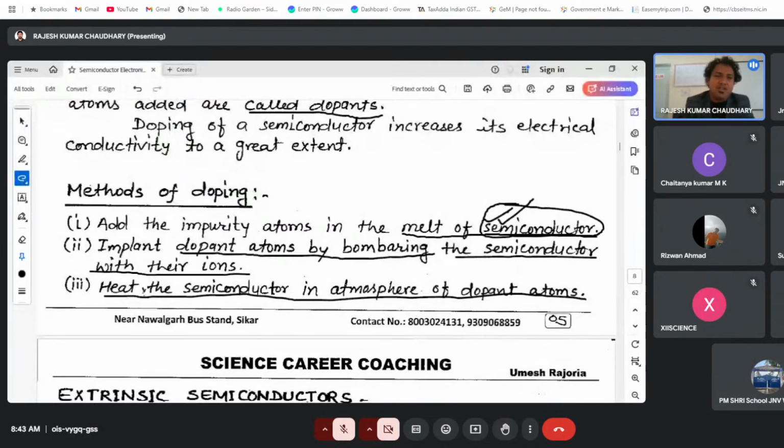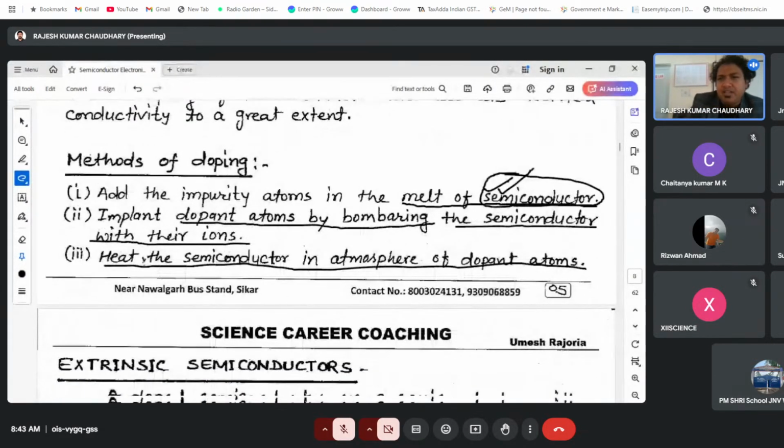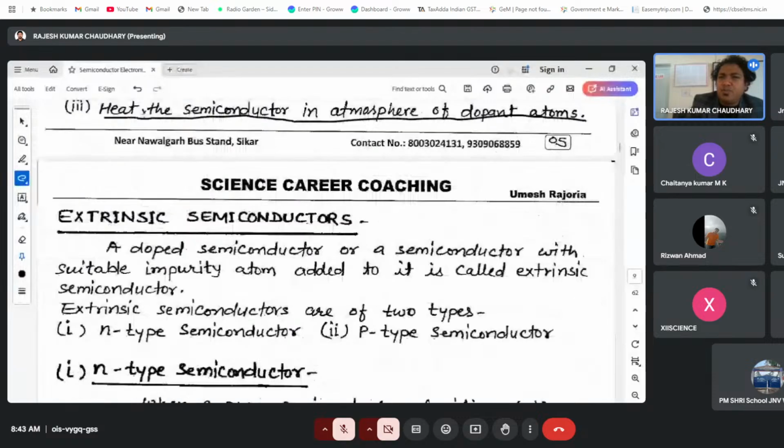Although they have not asked this many times, we should still know about it. So these are the methods by which we can dope a pure semiconductor and make it impure. Intrinsic means pure semiconductor and extrinsic means impure semiconductor, but that impurity should be controlled and desirable.